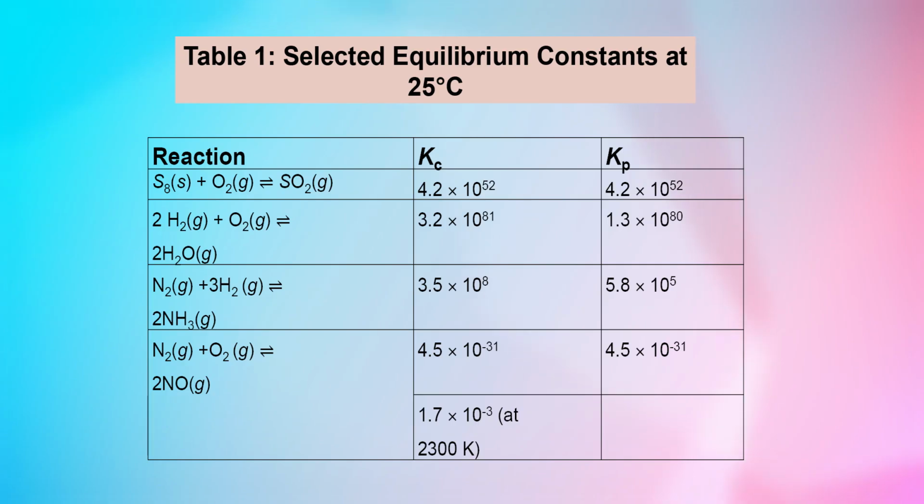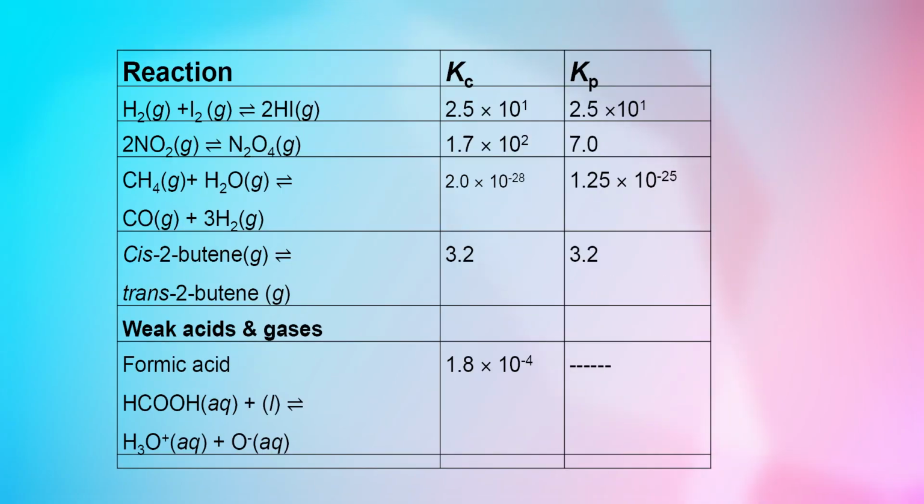In a similar way, you can do other problems where you are given these tables. Selected equilibrium constants are given for different equations, and you may be given any similar problem.